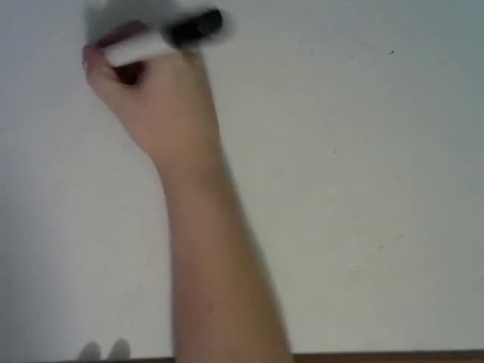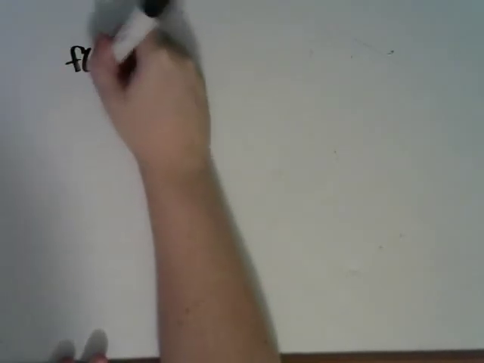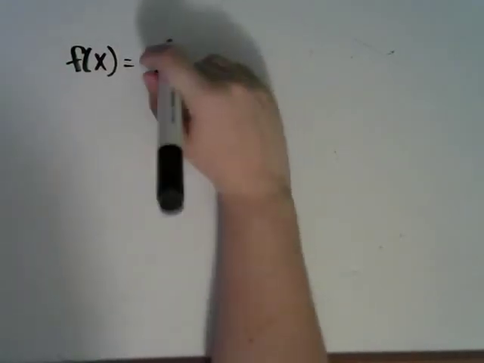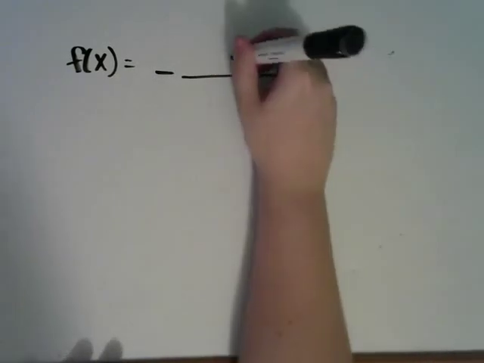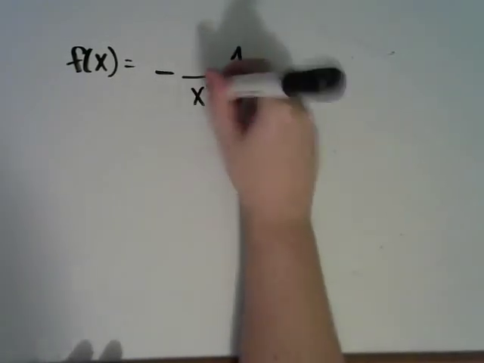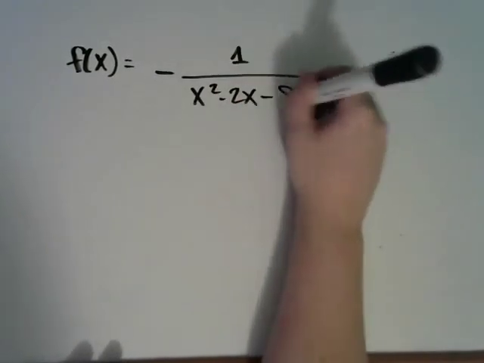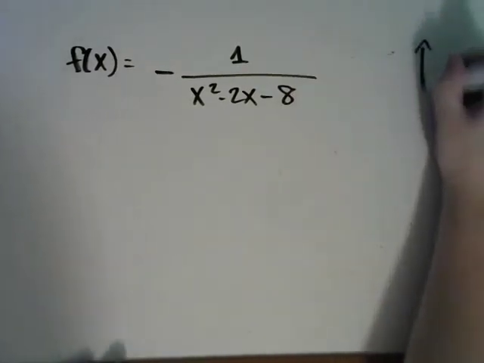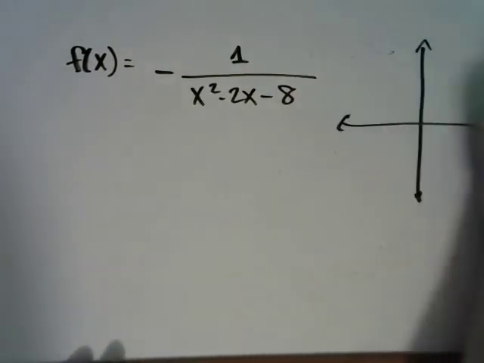All right, let's repeat for example 8, which appears to be simpler, although there is a negative, which tells me it's going to flip. We have 1 over x squared minus 2x minus 8. While I set up a graph, you factor.